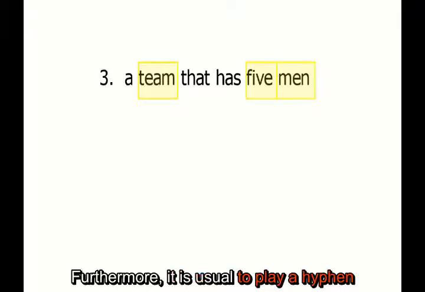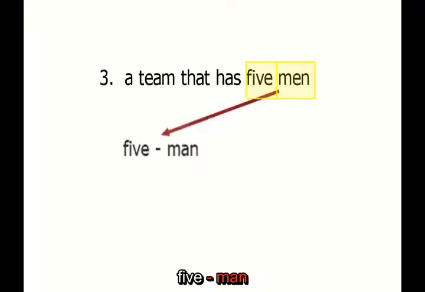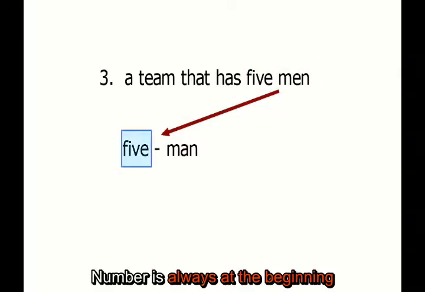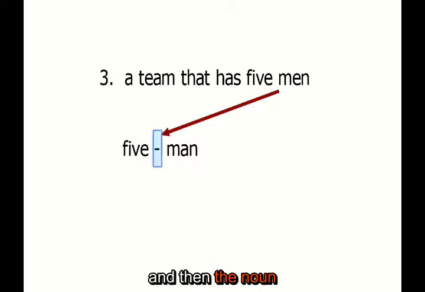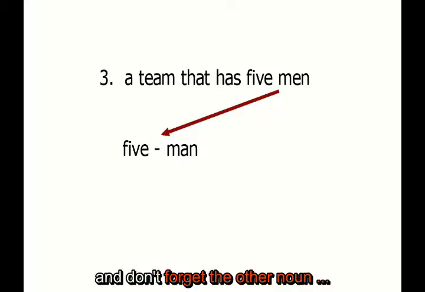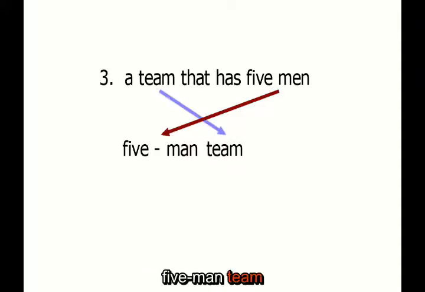Furthermore, it is usual to place a hyphen when using numbers. 5 men becomes 5-man. Number is always at the beginning, followed by a hyphen, and then the noun in its singular form. 5-man, and don't forget the other noun in the phrase, which is team. 5-man team, and don't forget an article, a 5-man team.